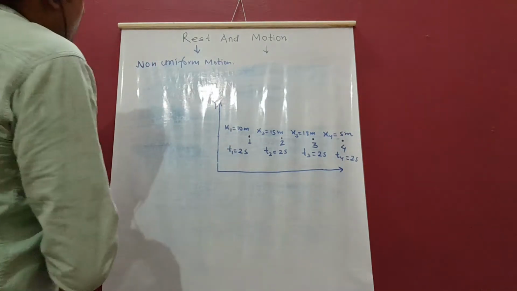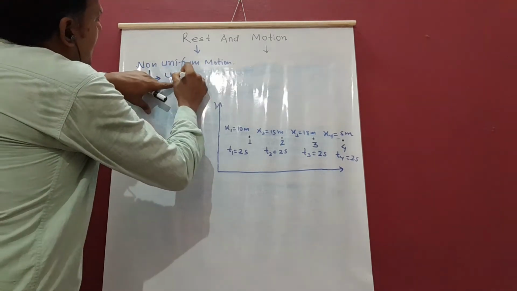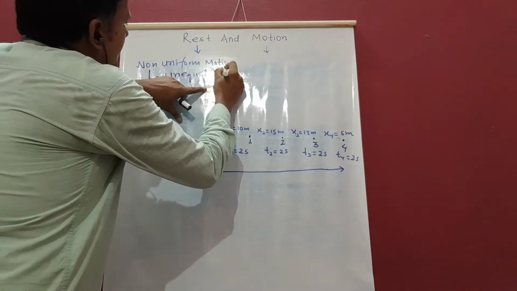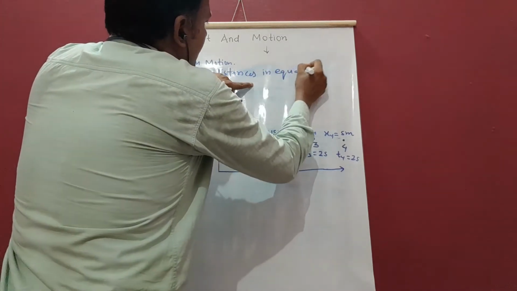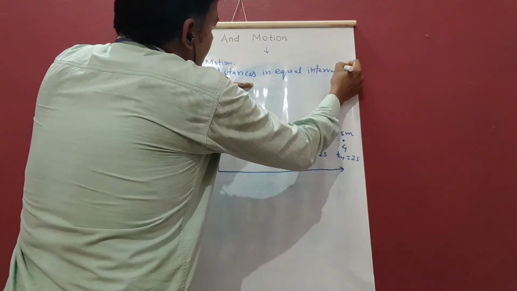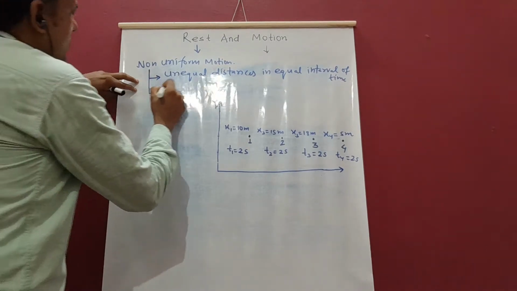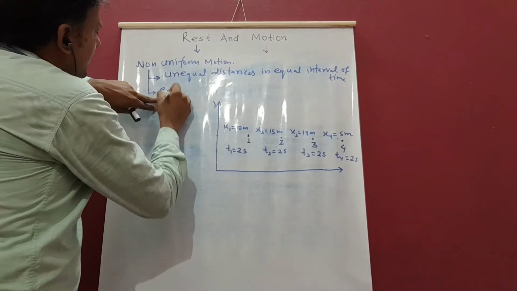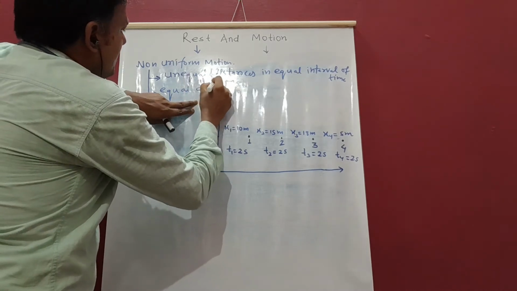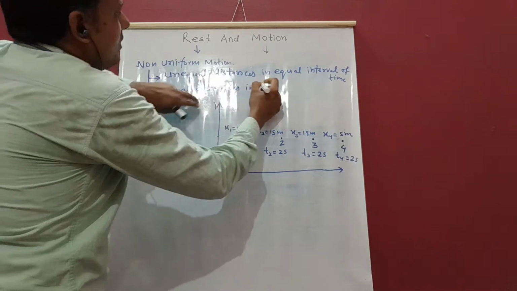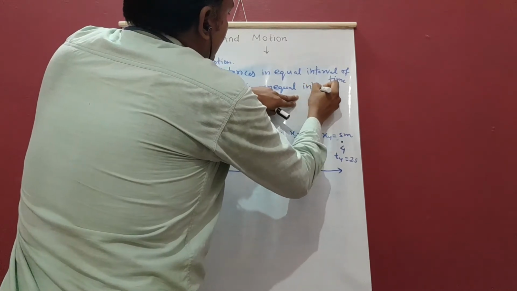It can also be possible that it covers equal distances in unequal intervals of time.